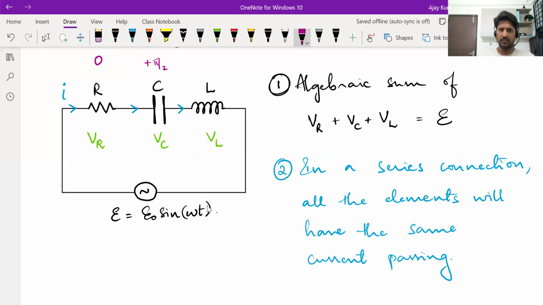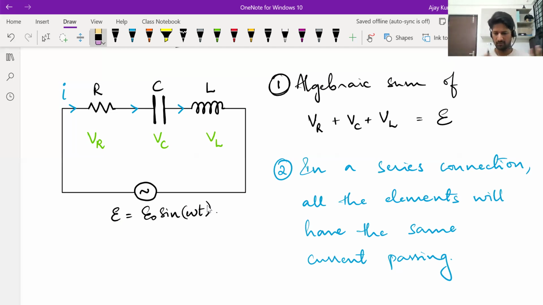Inductor will try to make the current have a phase of minus pi by 2 compared to the EMF. So all three will show their effect. On the whole, the current may not be in phase with the EMF, may not lead by pi by 2, and may not lag by pi by 2 exactly. So we have to give weightage to all three of them while calculating the current.